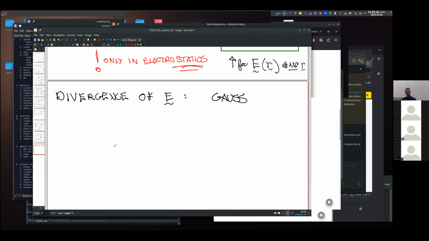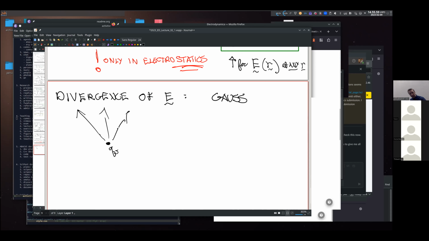So what's our picture of the electrical field? We have a certain source charge here, and our electrical field is really a series of arrows coming out.